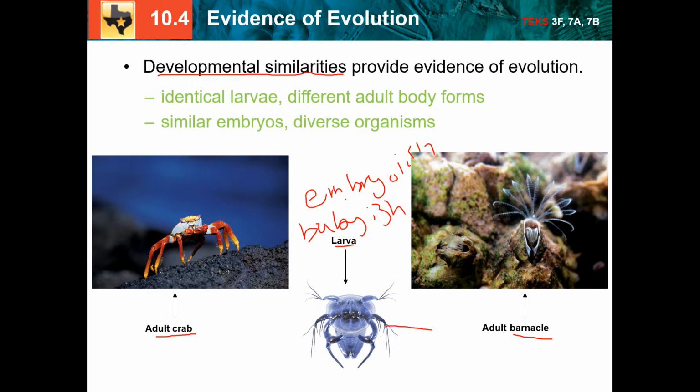Yet this can turn into this barnacle, or it can turn into this crab. You can have these larvae that look very similar, but they produce very different adult body forms. In other words, you can have a similar embryo but diverse organisms, which lends some evidence to evolution.